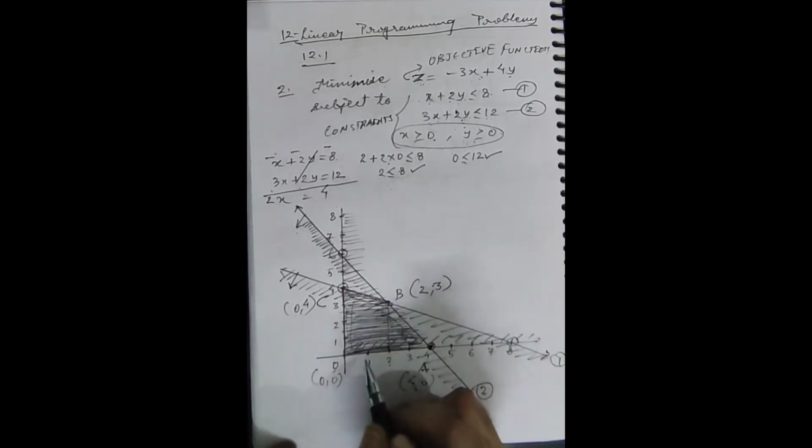What is the purpose then? After getting this feasible region, let me note here, this is the feasible region. We have to obtain one of the points 1, 2, 3, 4.